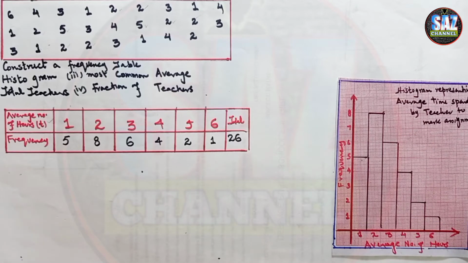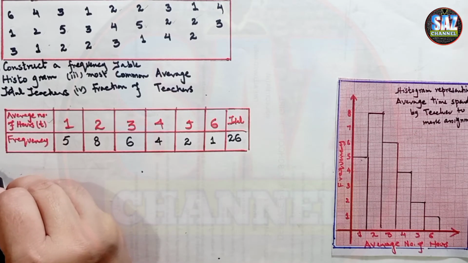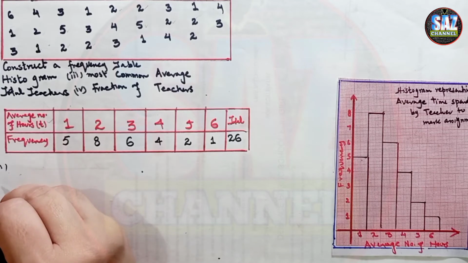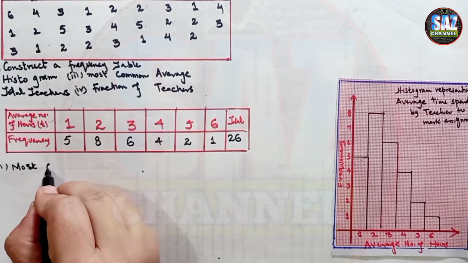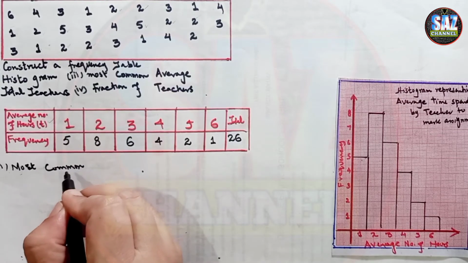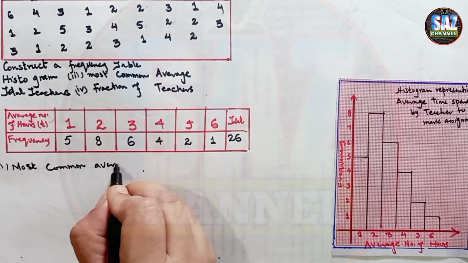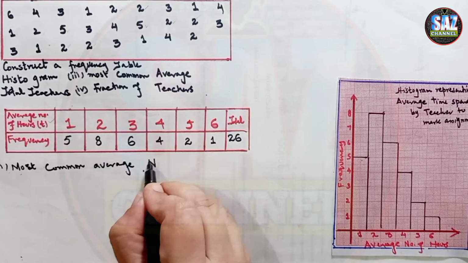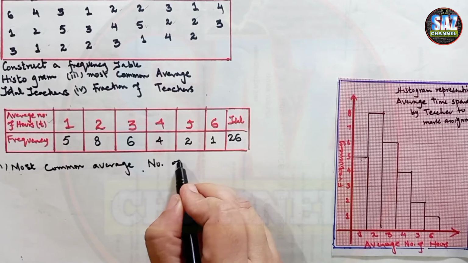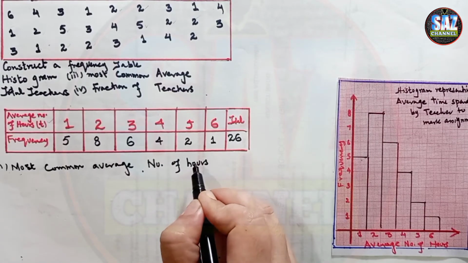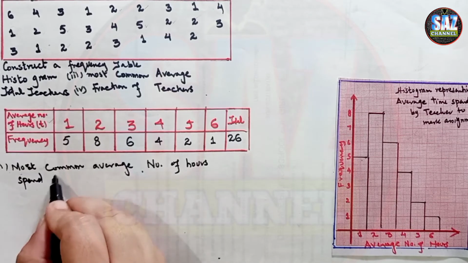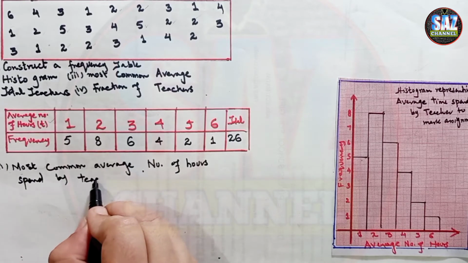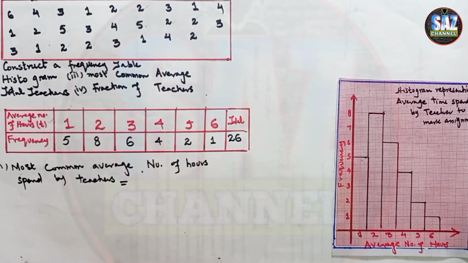This is the third part: the most common average number of hours spent by the teachers. The most common average number of hours is 2.